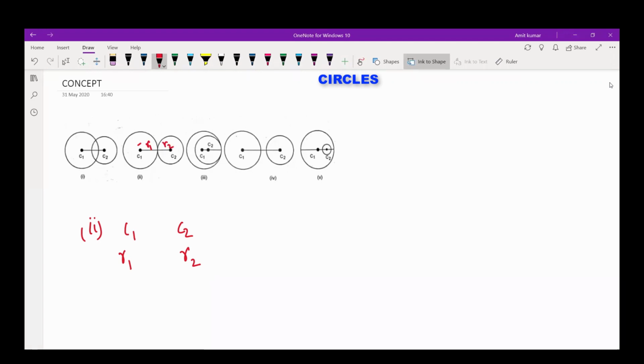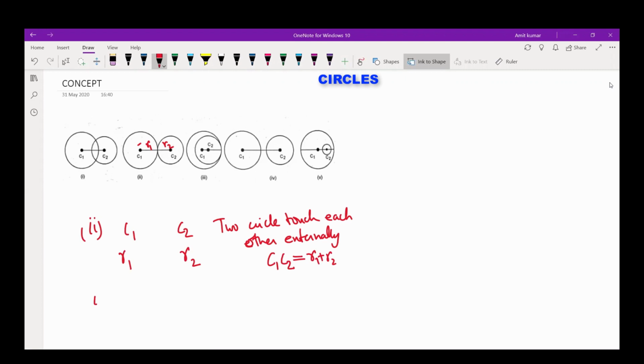That means if two circles touch each other externally, then the distance between the two centers, by the distance formula between 2 points, C1C2, is equal to R1 plus R2. So this is for the second diagram.